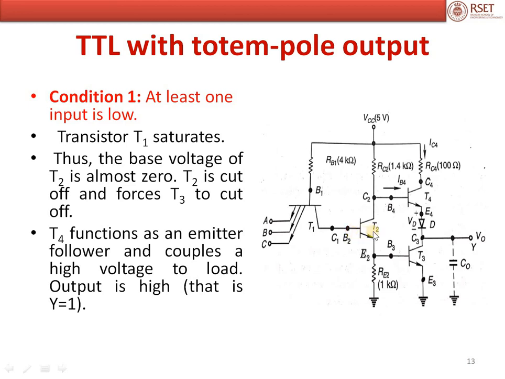So T2 is cut off so that its collector potential is high. That will force T4 to turn on. At the same time T3 will turn off. And this T4 functions as an emitter follower and couples a high voltage to the load so that its output is high.